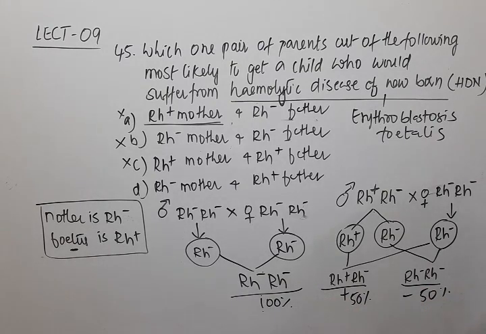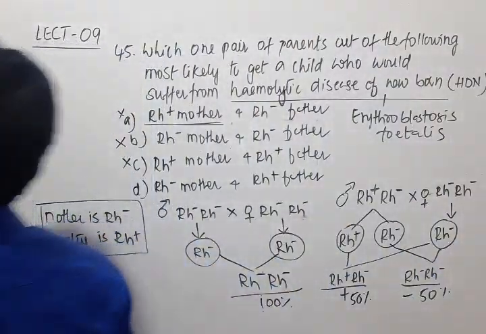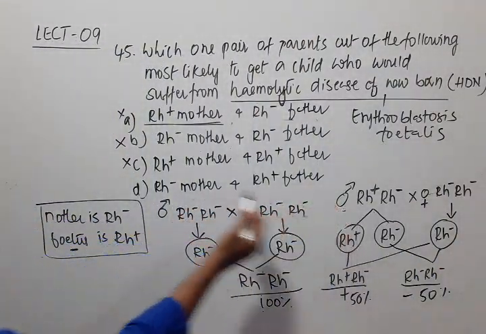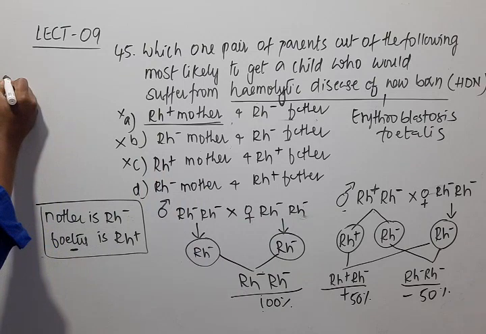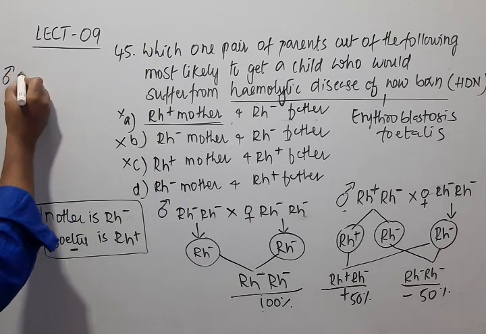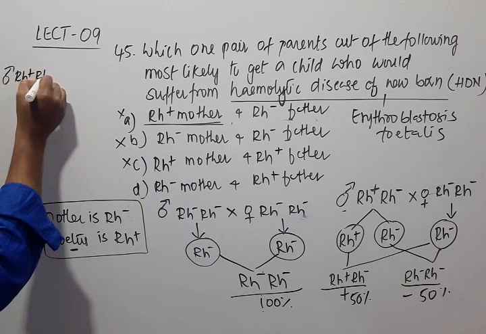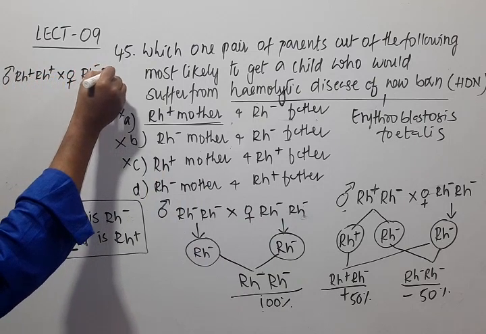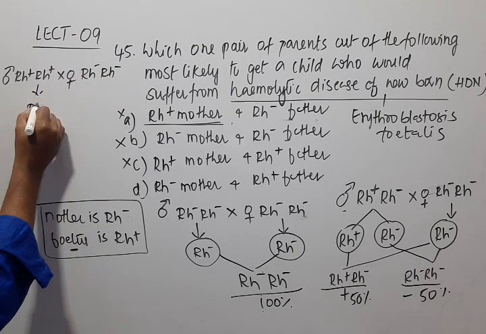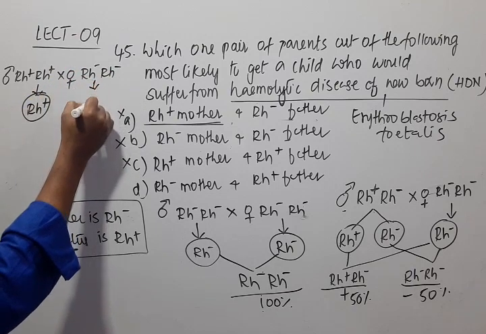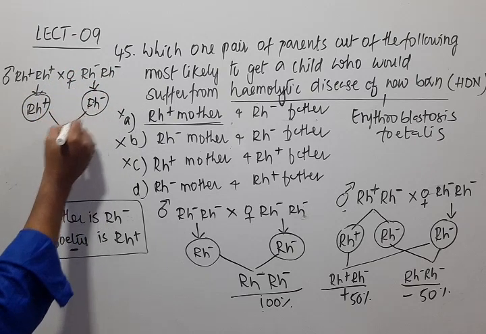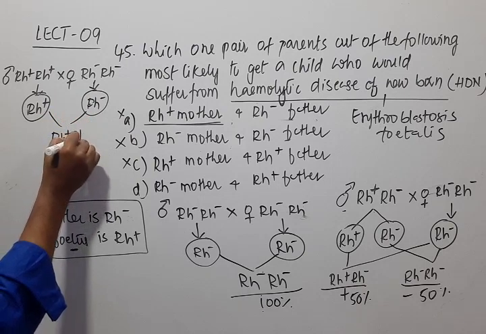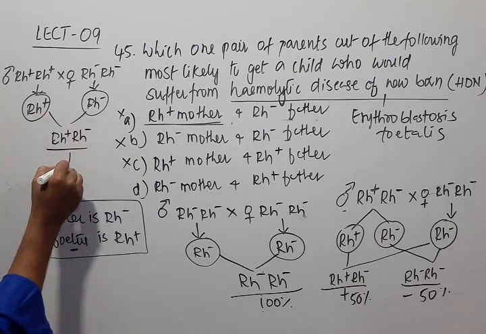Even if you take the homozygous case, the father is Rh positive and Rh positive, and the mother is Rh negative and Rh negative. Here you will get Rh positive, and their children will be Rh positive and negative, that is overall positive.